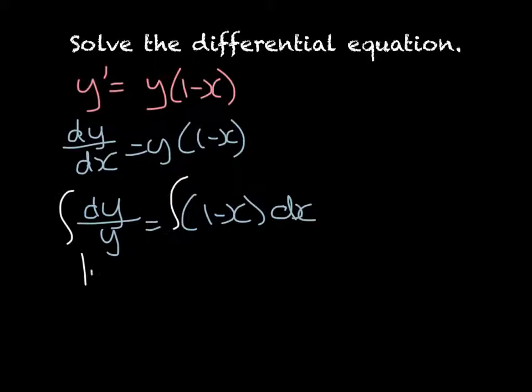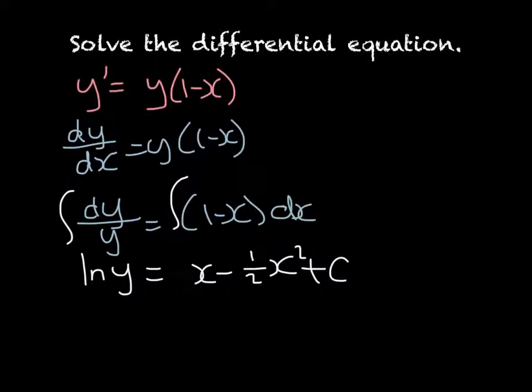So we get the ln of y is equal to x minus 1/2 x squared. And I'm just going to put a c on this side and leave out the c on the other side.